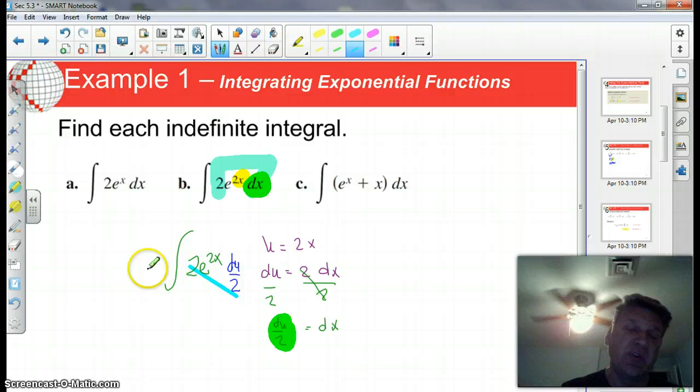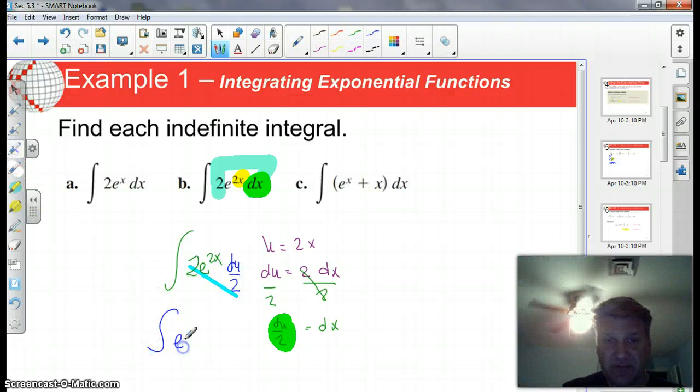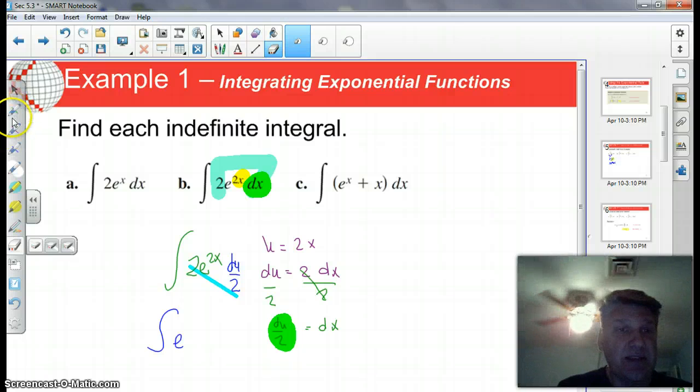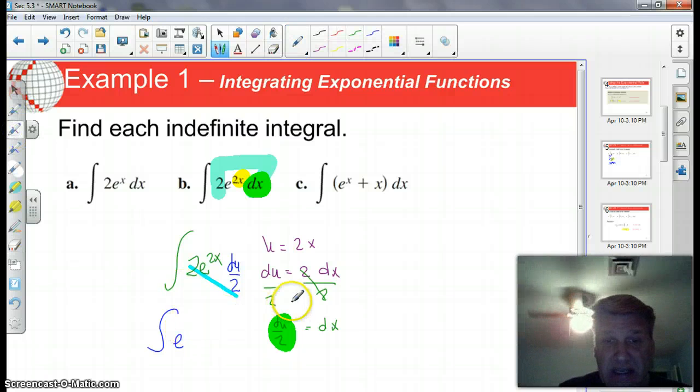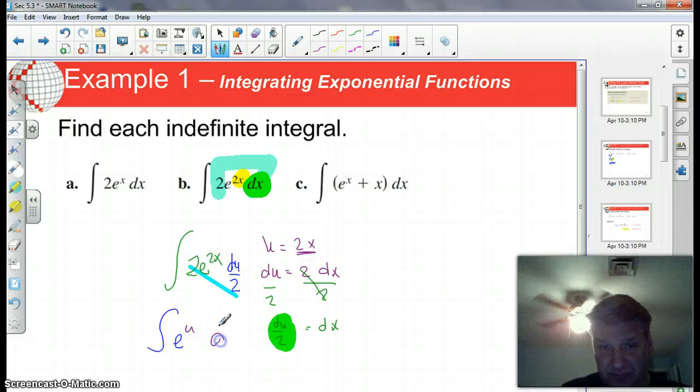So if you would have had the 2 out front, we wouldn't be able to do that. So this one, we get the integral of e to the 2x. But remember, you're replacing 2x with your u substitution. So I'll say e to the u, and then, of course, we have our du, which is still hanging around.